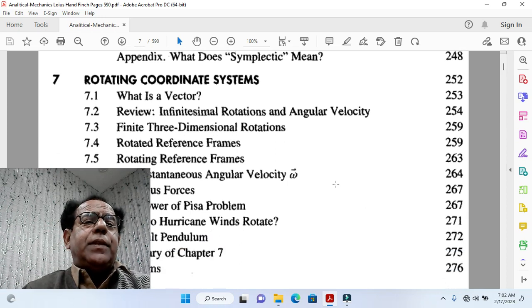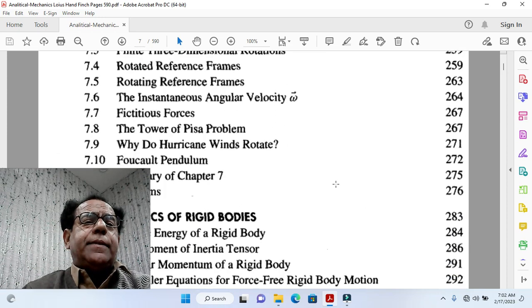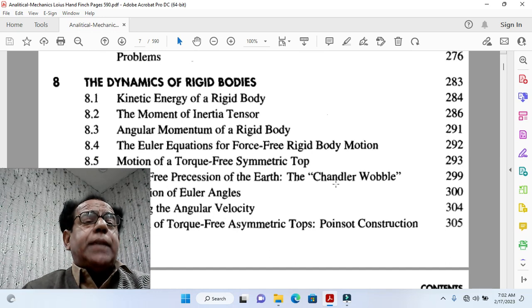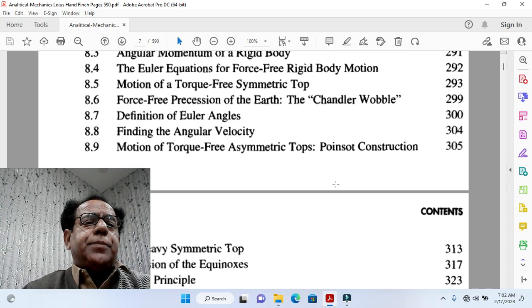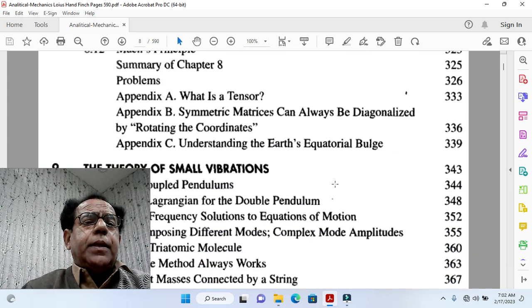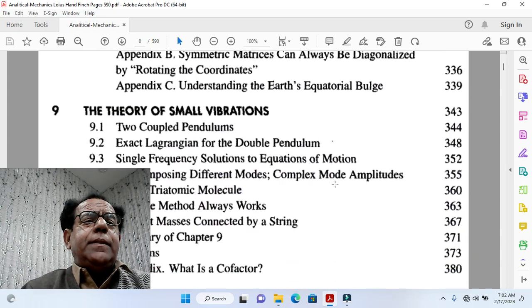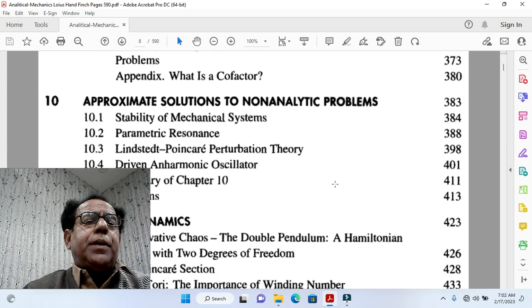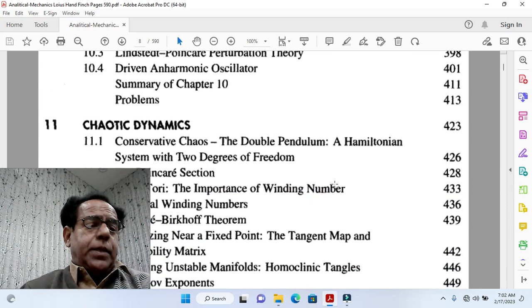Chapter number 7 is rotating coordinate systems. Chapter number 8 is the dynamics of rigid bodies. Chapter number 9 is the theory of small vibrations. Chapter number 10 is approximate solutions to non-analytic problems.